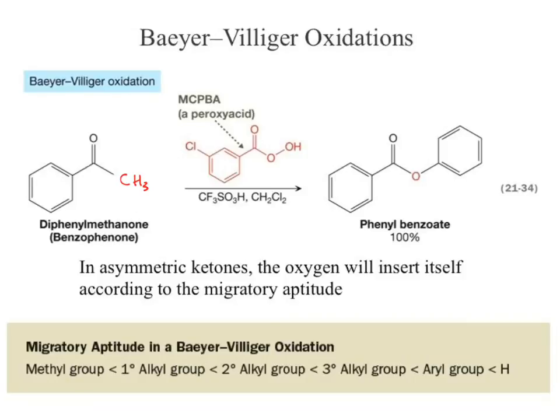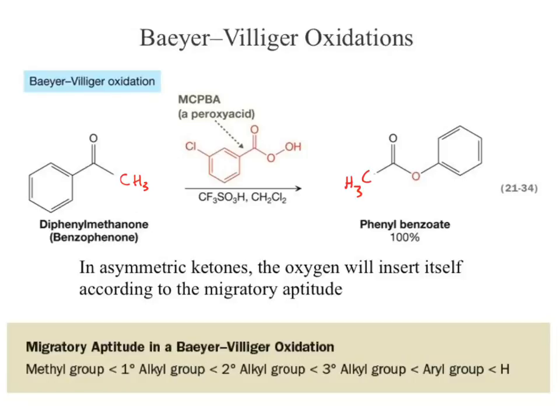You might say methyl, that would have made sense to me too, but if we take a look at our migratory aptitude according to the Baeyer-Villiger oxidation, the methyl group is the least likely to migrate, which would mean the oxygen should insert itself to the phenyl side. And the result, ooh, you're not going to like me for this. I may redraw the whole thing. Oh, sorry, and thank you, Ed. You would end up with that ester product.